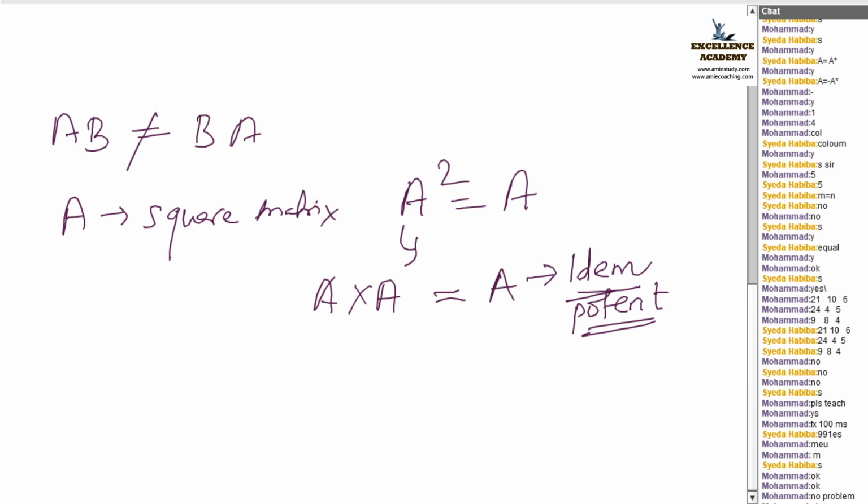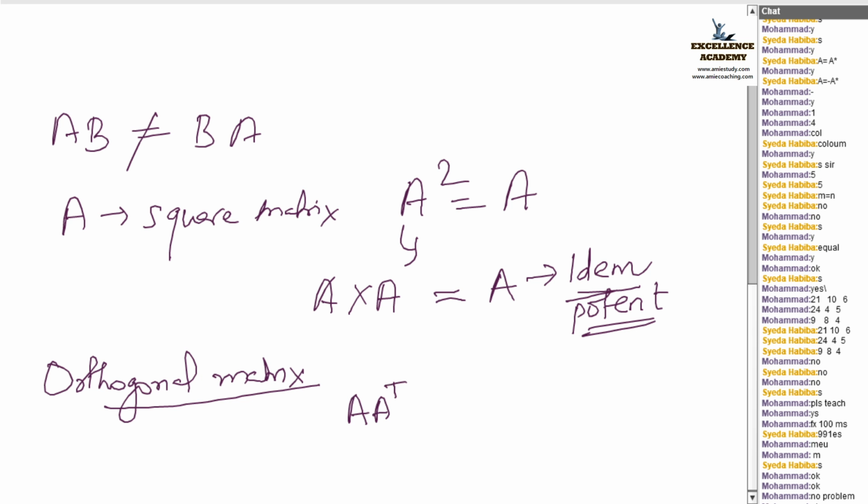Okay. Next, we need to define orthogonal matrix. Orthogonal matrix refers to those matrices for which the condition A transpose A is equal to I is satisfied.